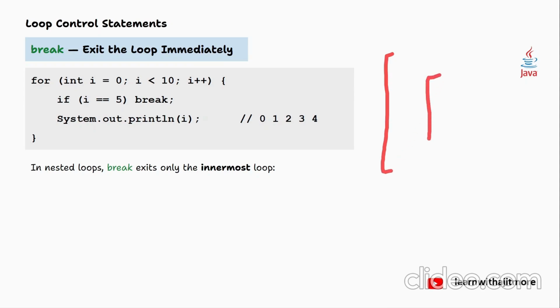Then this is the inner loop. And in the inner loop, I'm writing break. So by default, this break is going to break the nearest loop. So it will just come out of that nearest loop.